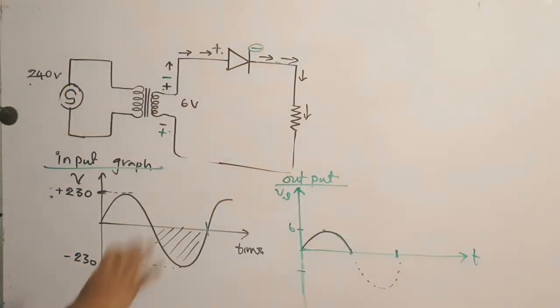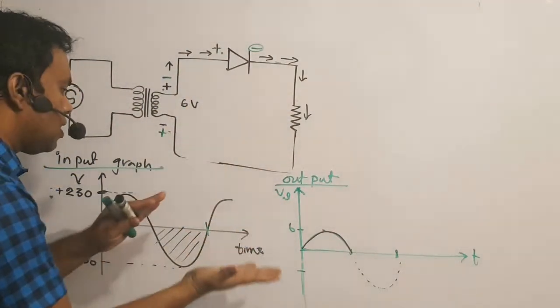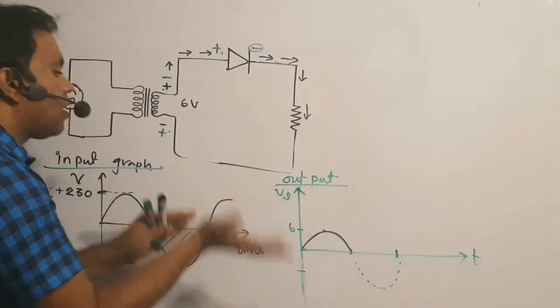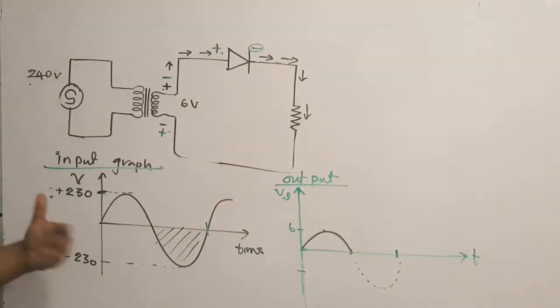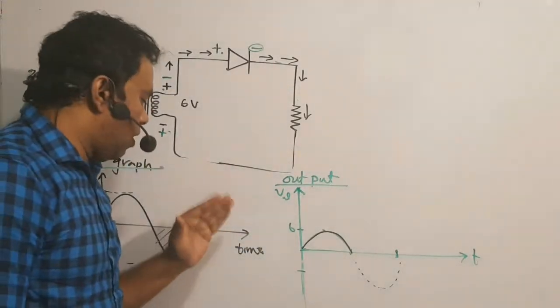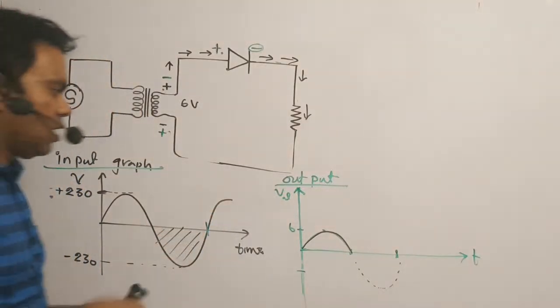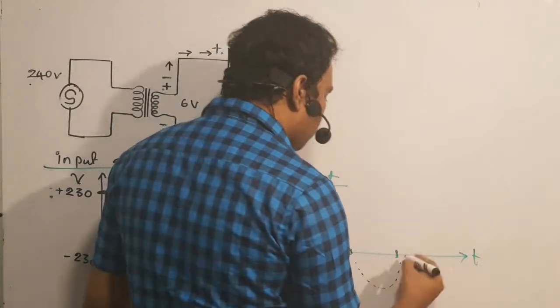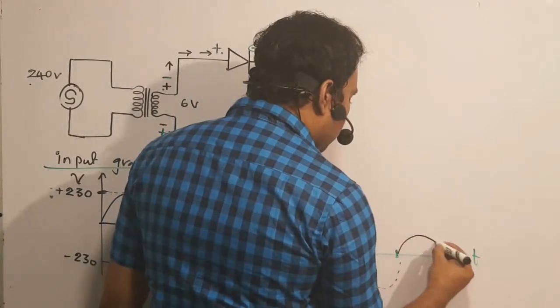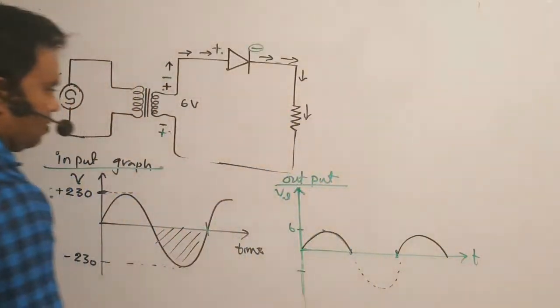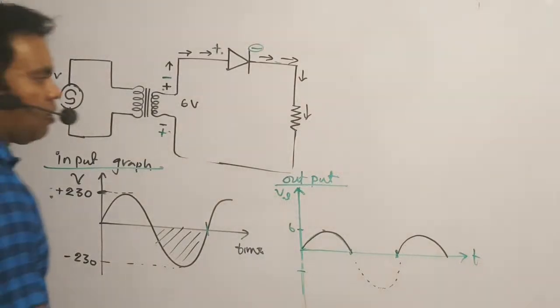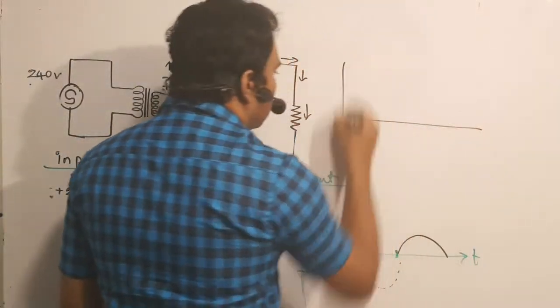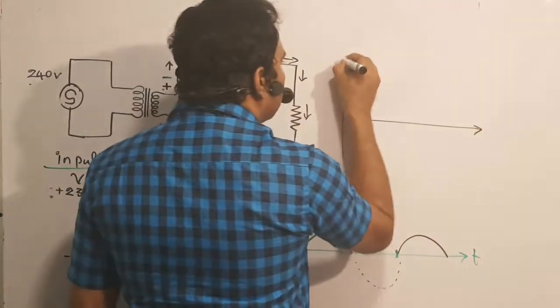Okay, but in the next cycle, in the next 1/50 of the second, what happens? This same cycle, positive cycle again comes, then it is allowed to pass like this. Okay, so this type of graph is resulted.